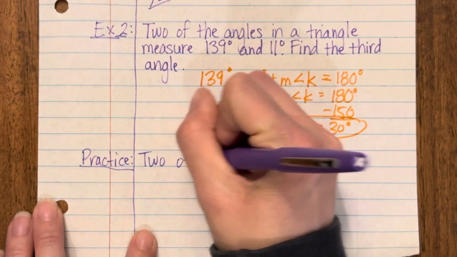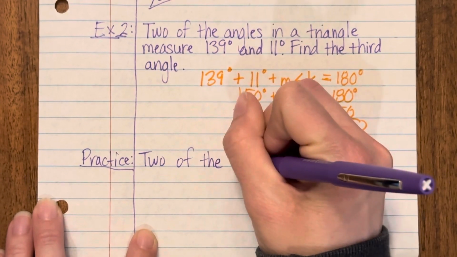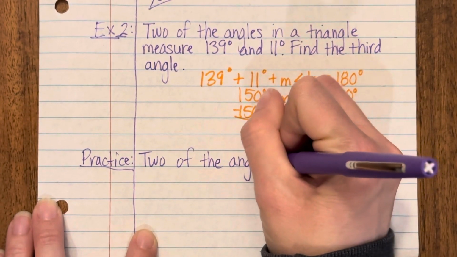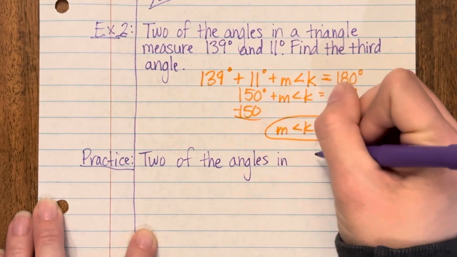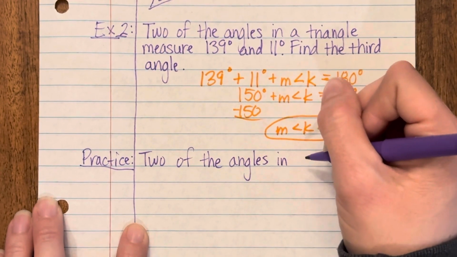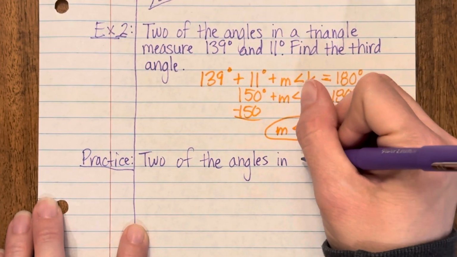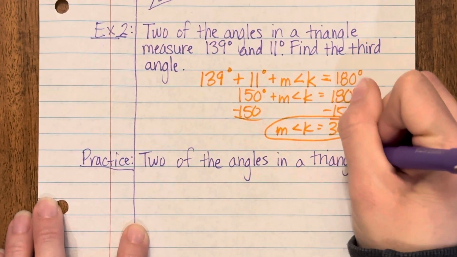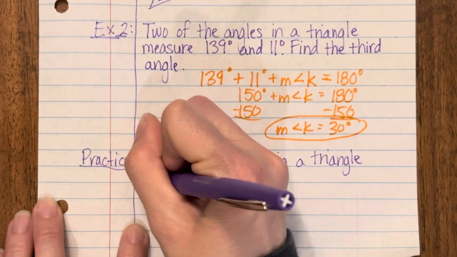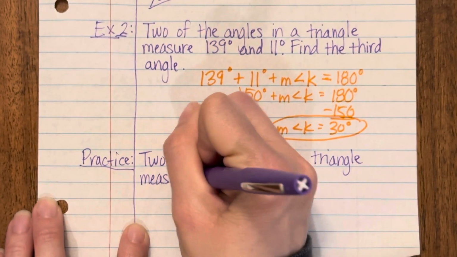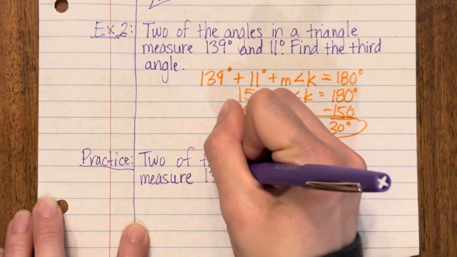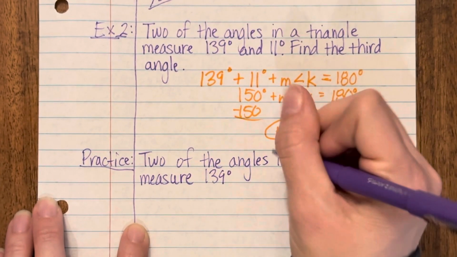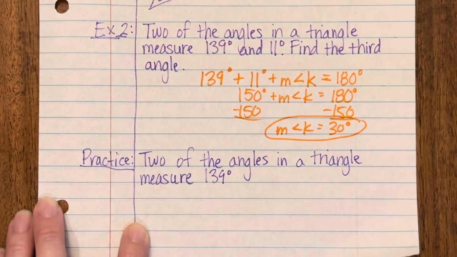Two of the angles. Feel free to pause it if you need to copy this all down. Two of the angles in a triangle measure 139 degrees. Oh, that's the same problem. I forgot to change it. You guys are gonna have to give me a really hard time tomorrow.